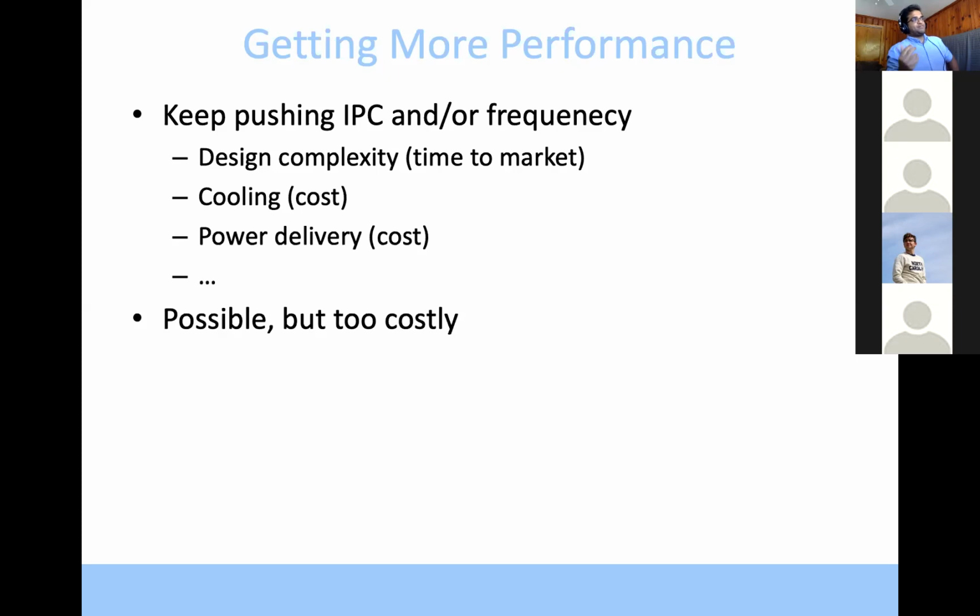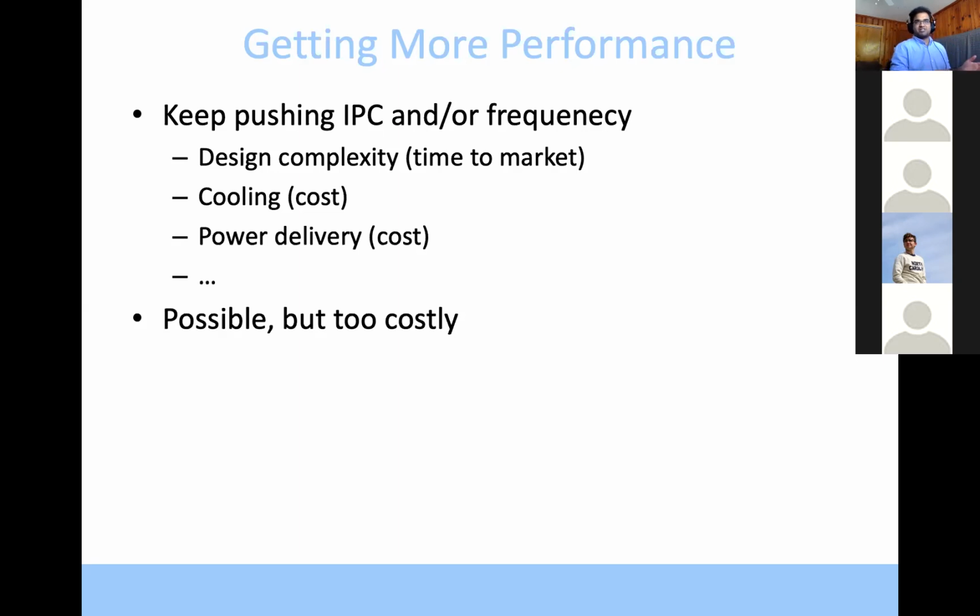When we're looking at getting more performance with processors, for a while the whole way people thought about things was you just kept pushing IPC and frequency, IPC being instructions per cycle. As you keep doing that, performance will come. You can keep the ISA the same, and everything will be great.